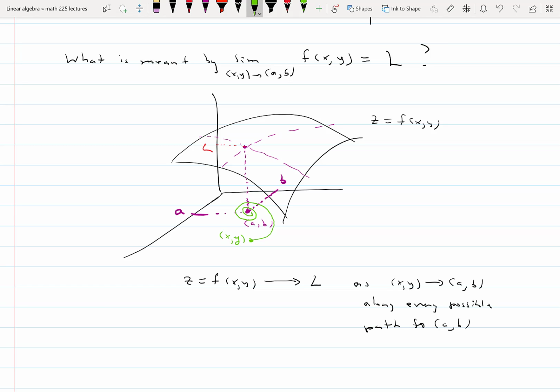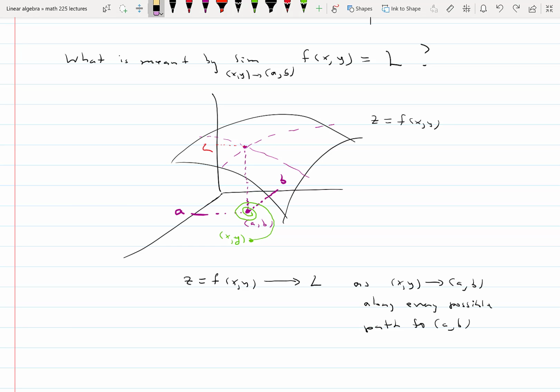The little green one is just one pathway. For emphasis, I could do a purple path that'll go this way a ways, and then finally zero in closer and closer to the point AB. The point is that I have an infinite number of directions along which I can approach the point AB. And in order to prove that the limit exists, I would have to show that the z values get very, very close to L along every possible pathway.